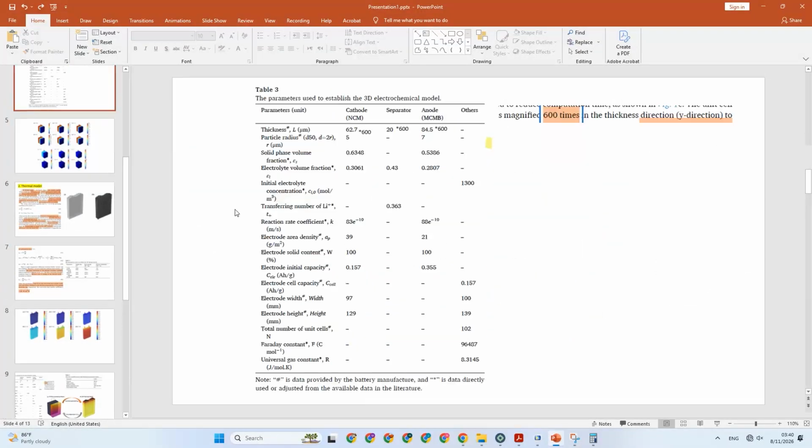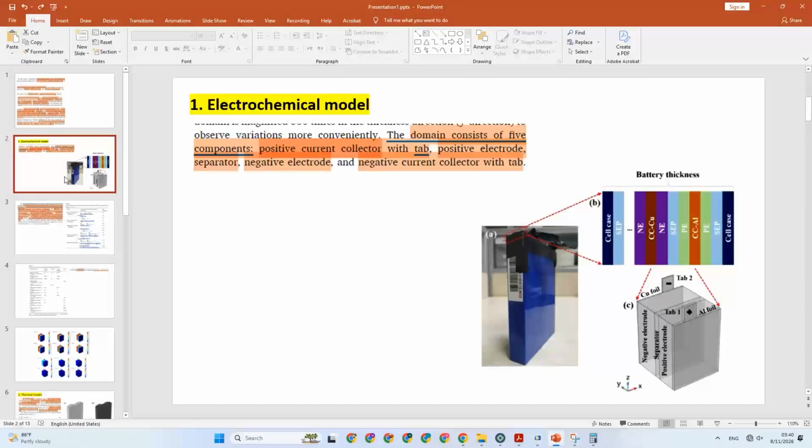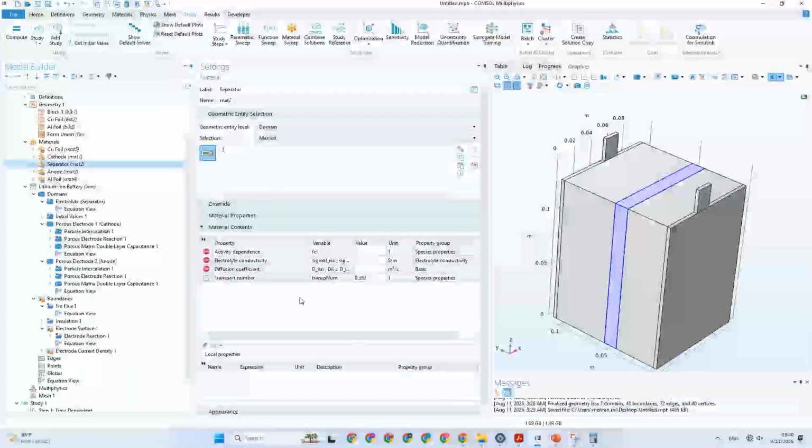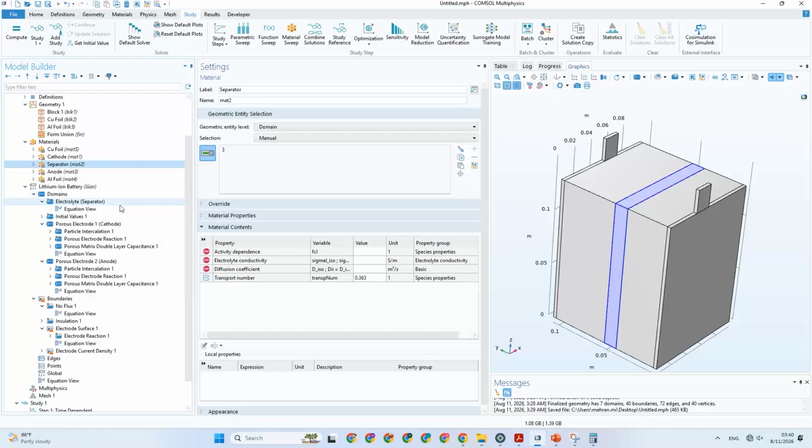But I just have some parameters I added from the example, just for examining. Okay, then we can search in the reference of that paper to find the exact value for the simulation.